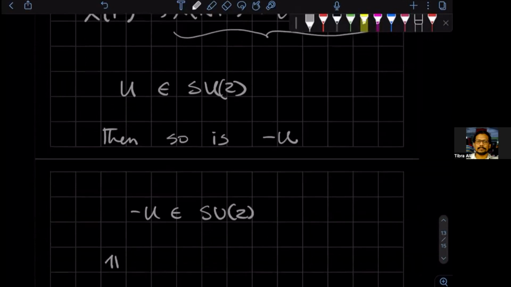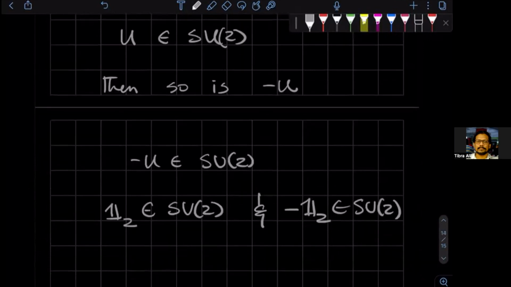That means that the two-dimensional identity matrix is in SU2, as well as the negative of the identity matrix, right? Because this is a unitary matrix. Sir, is it because it's a 2 by 2 matrix? Because like minus 1 squared would be 1. Yeah, exactly.